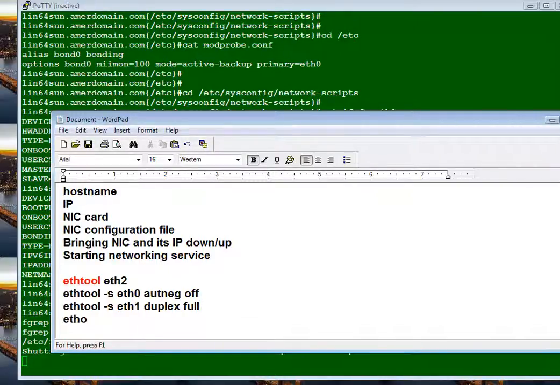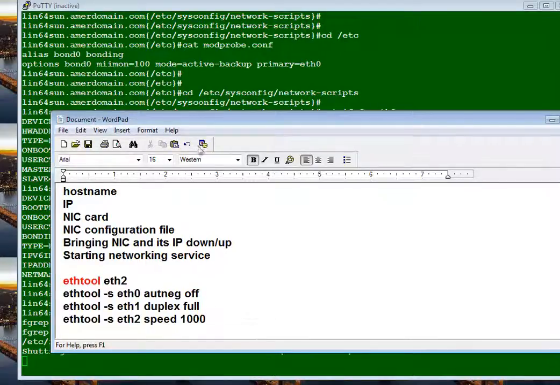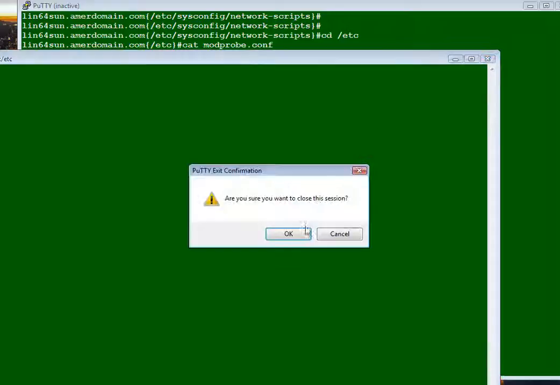Or if you want a speed like 1000, set eth2 or whatever you have, speed 1000. These are the commands you can execute to enhance the performance of the ethernet card. So this machine is gone out of network.